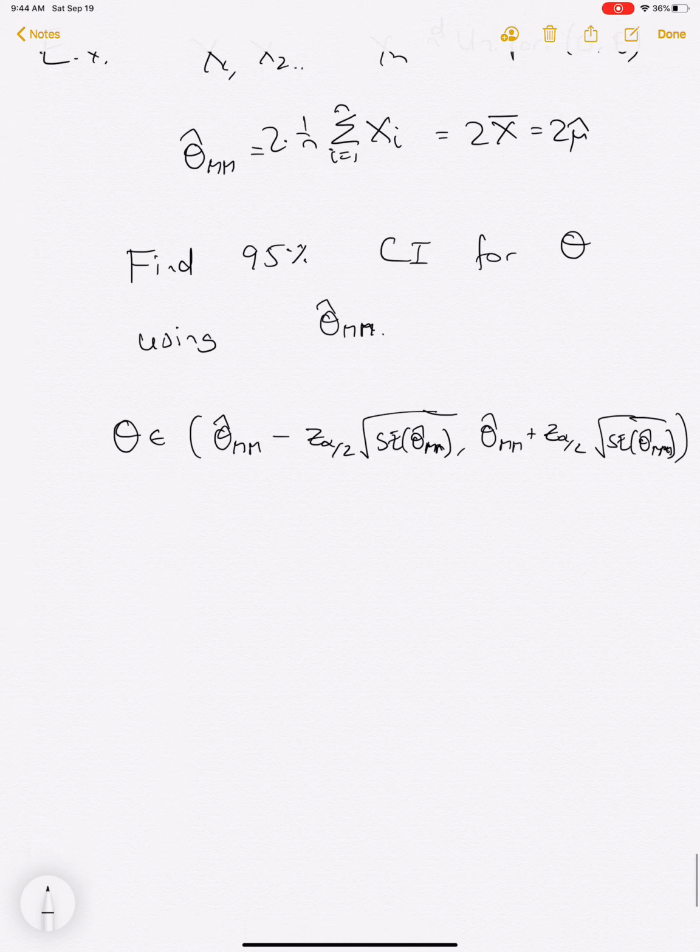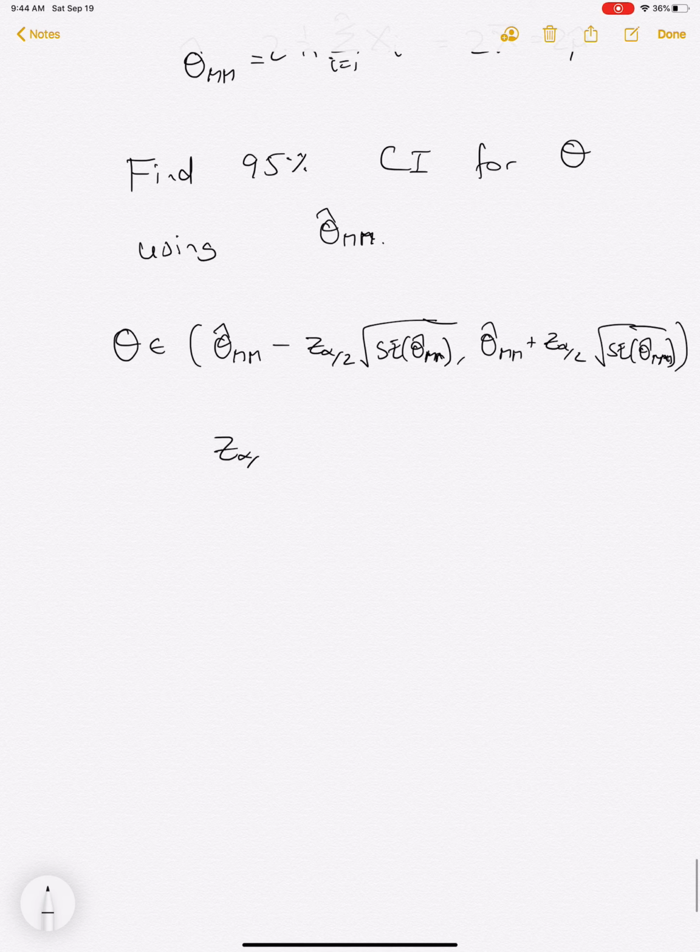Okay, and z alpha over 2 is 1.96 again, because we're again talking about a 95% confidence interval.